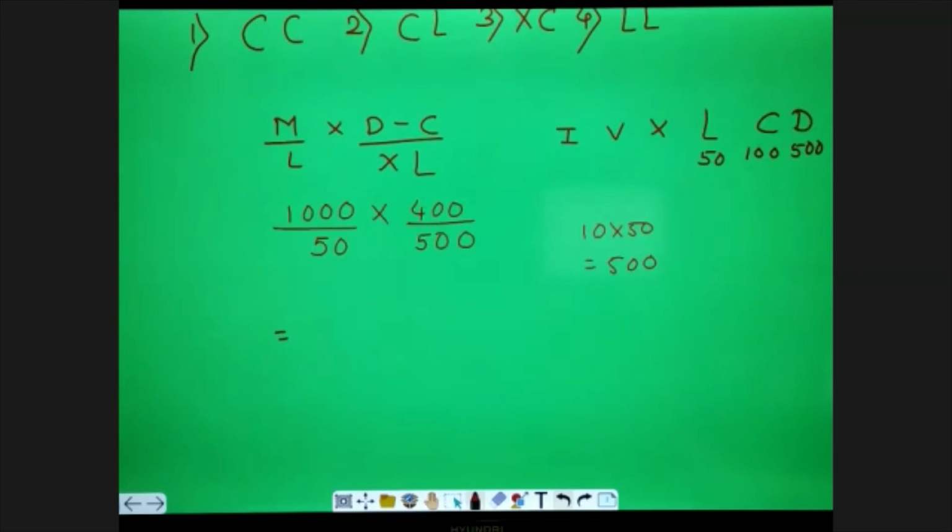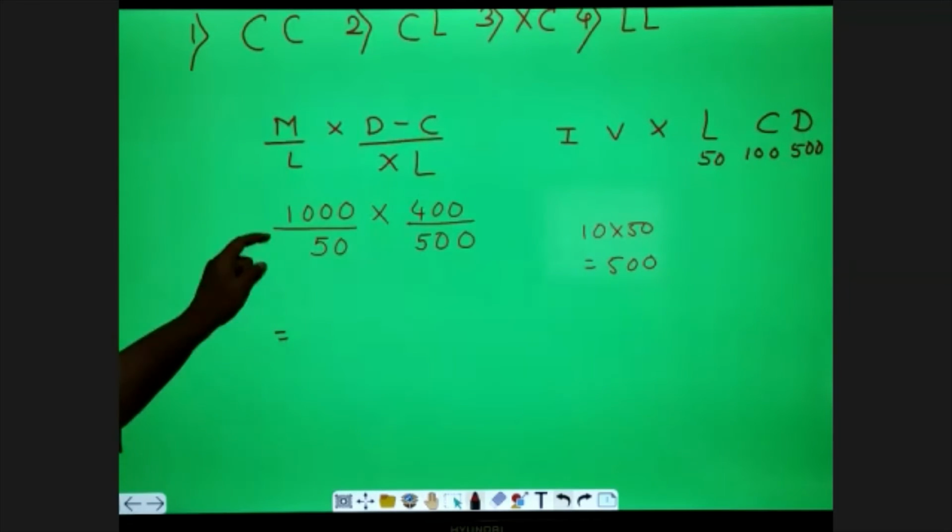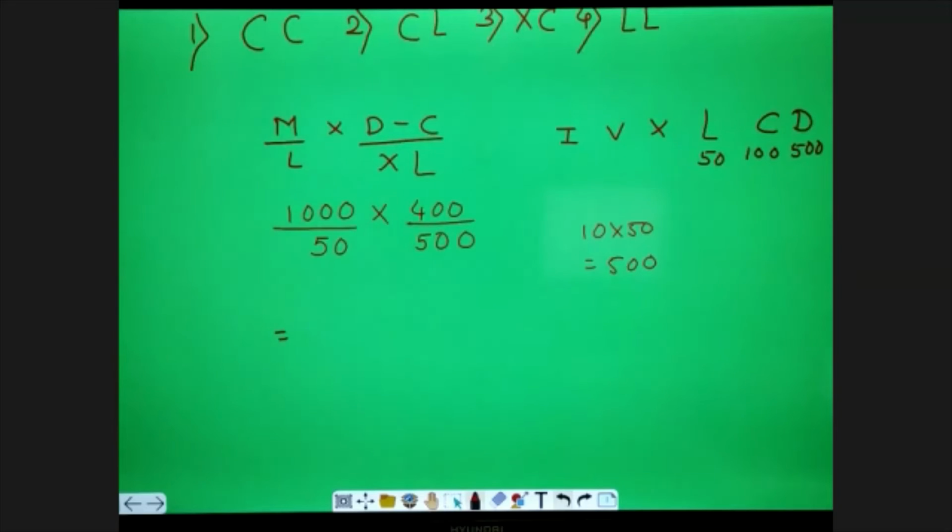Then what will be the answer of this? Arnav. C multiplied by C. 5 ones are 500. Yes, what will be the answer?